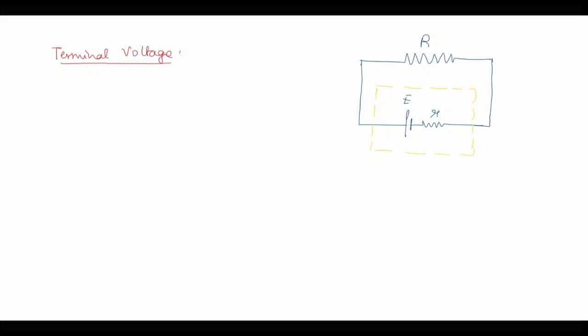So the potential difference across the terminals A and B is regarded as terminal voltage, and we write it as VA minus VB is equal to E minus Ir, which is equal to I capital R. And we say that in case of discharging of a battery, the terminal voltage is less than EMF.